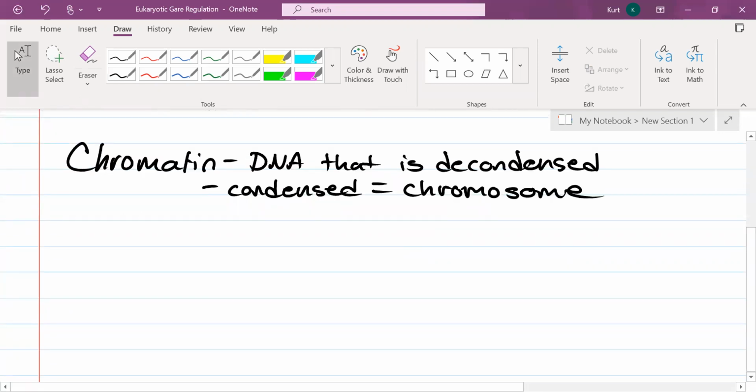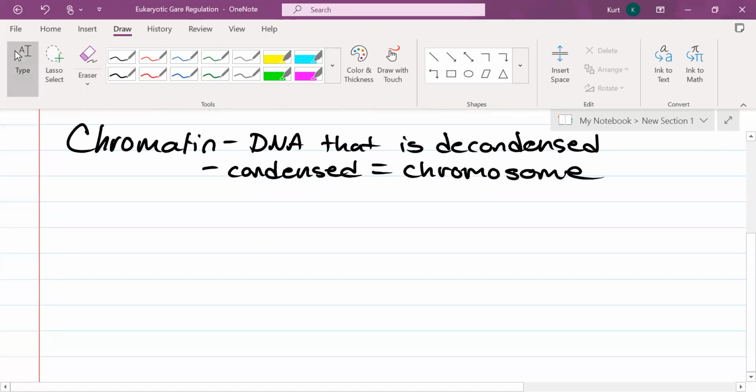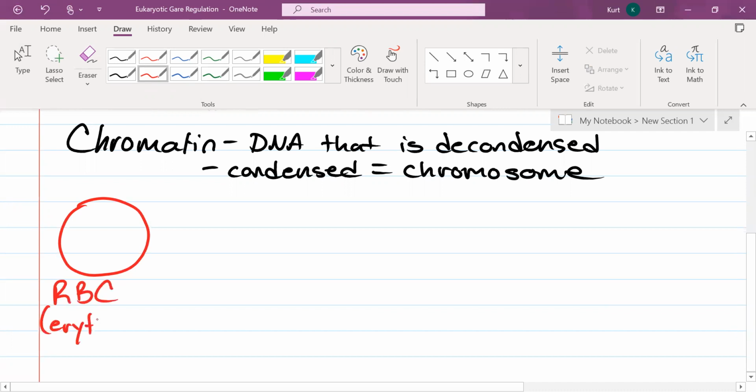Now, I want to try to really convey an idea to all of you, so try to follow me here and listen to the questions that I ask. I'm going to focus on 3 cells here to get this point across. First cell I'm going to focus on is an RBC, a red blood cell. If you're going into actual medicine, we call these erythrocytes.